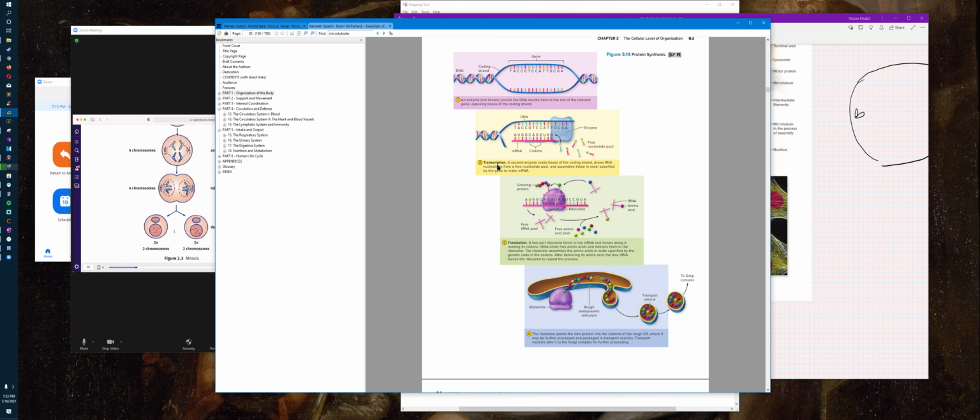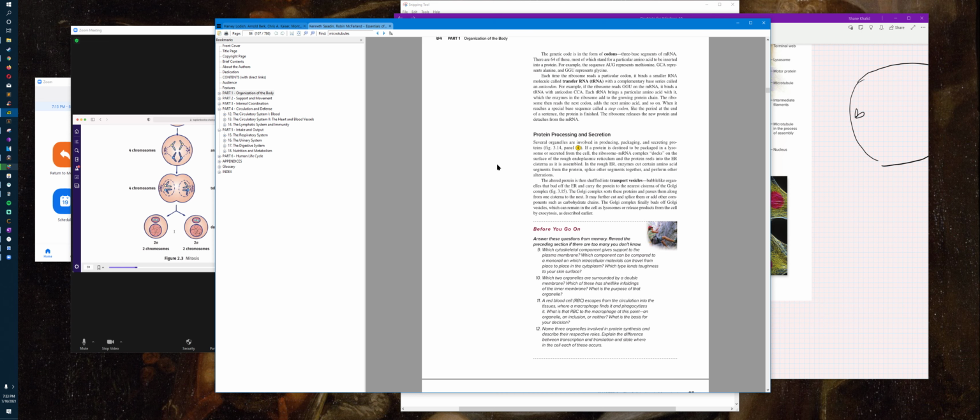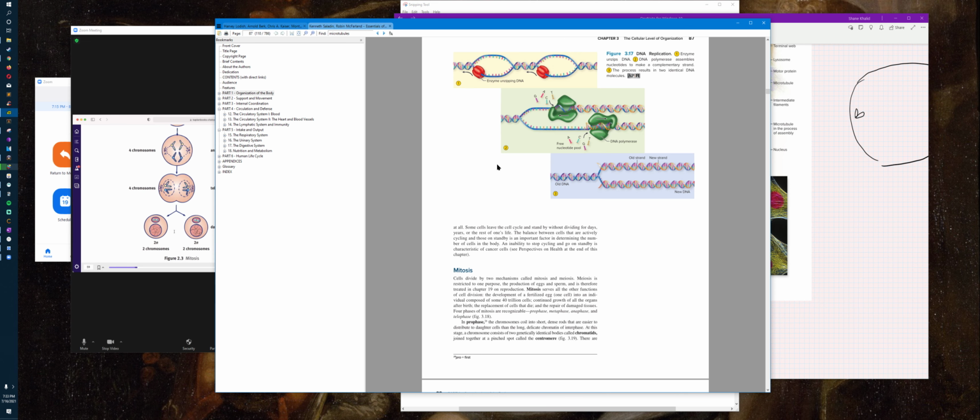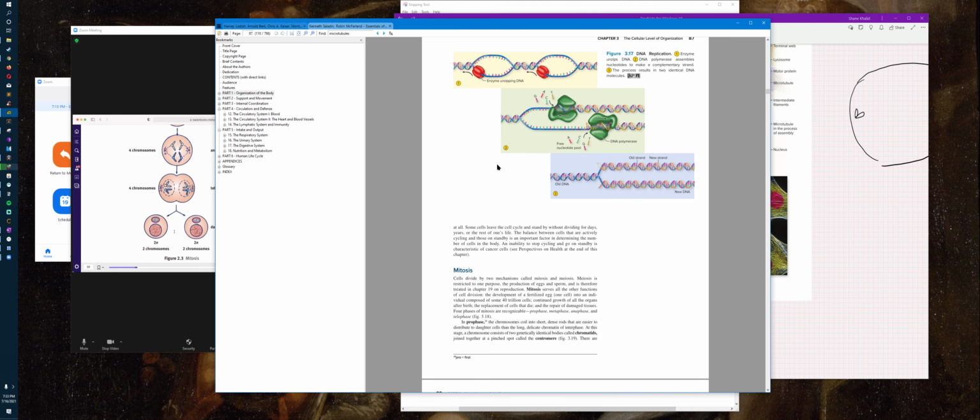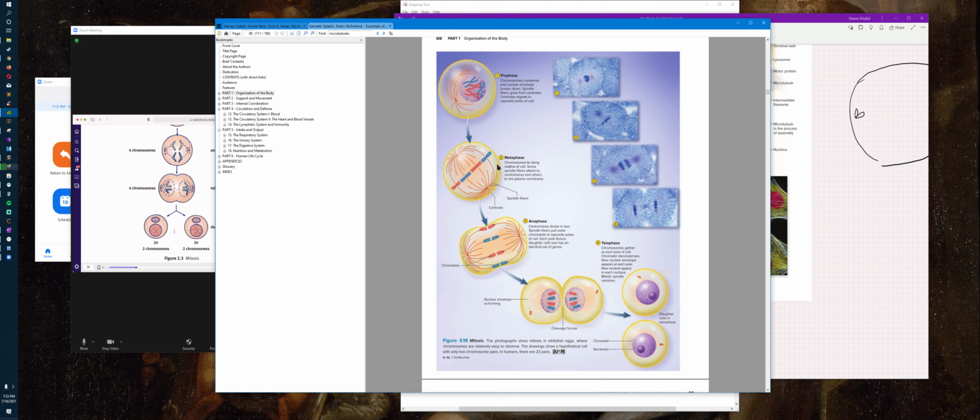Interesting. And then that's when they form the spindle fibers. So the spindle fibers form during prophase. Well, wait. Yes.